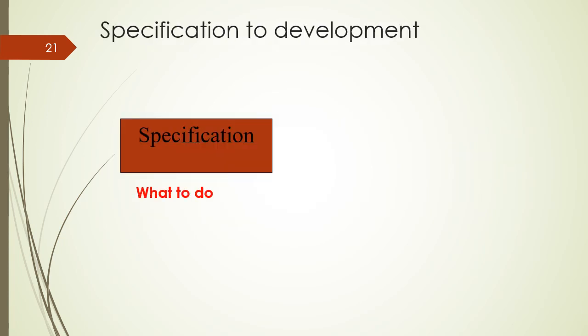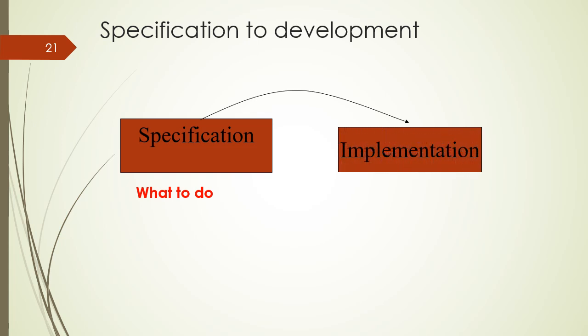Students, we have discussed that the specification of software, either in an informal or formal way, describes what a software must do, and the implementation basically describes how it is to be done.